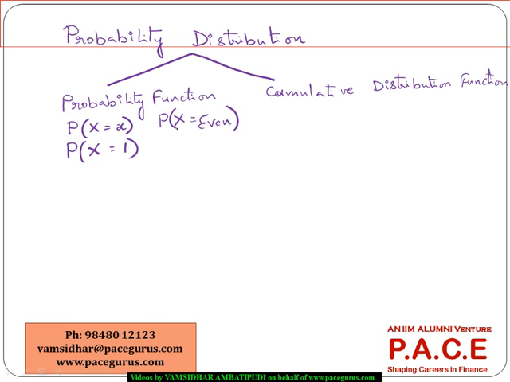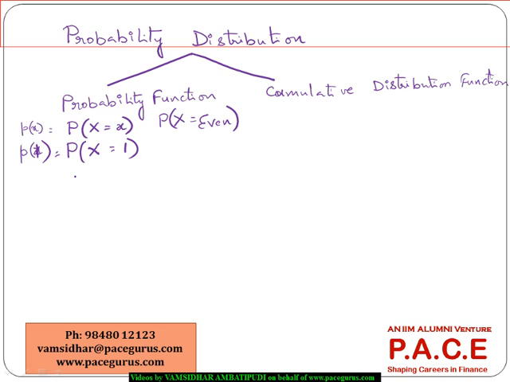So this is what I'm calling a probability function, where we are talking about the probability that the random variable takes a specific value. This is generally represented by a simple small p of x. P of x is what we represent as the probability that X equals x. So this is called p of 1, probability that X equals 1.